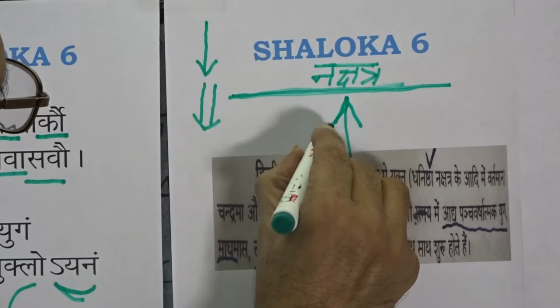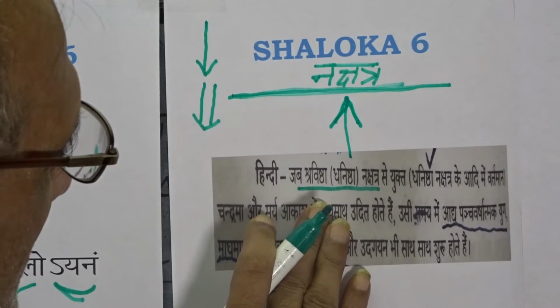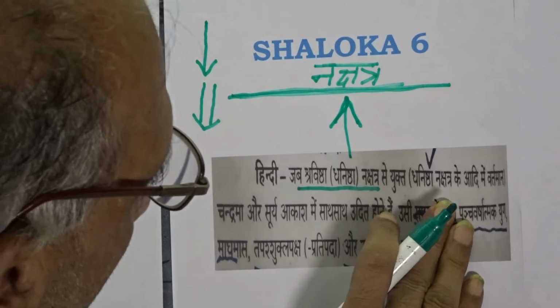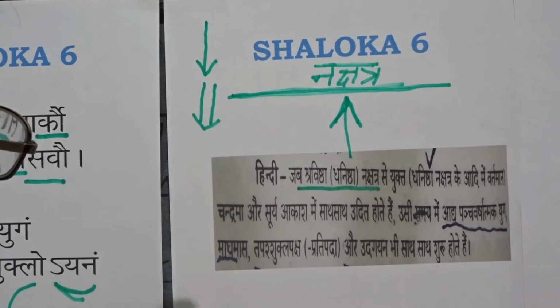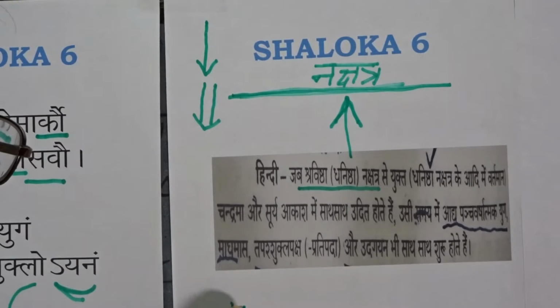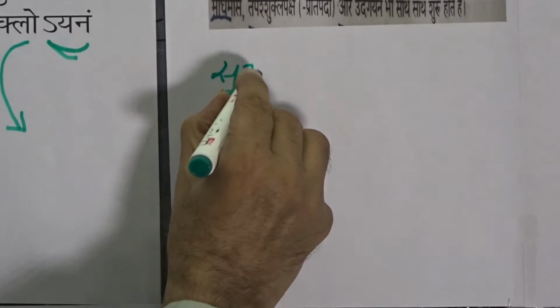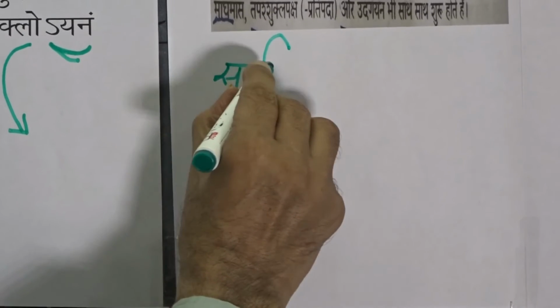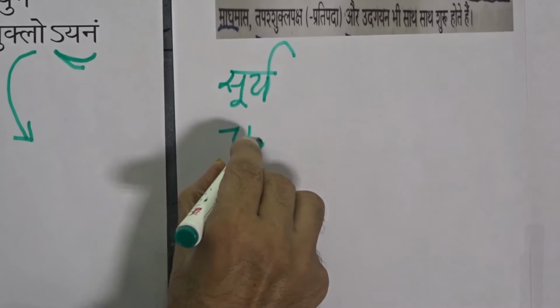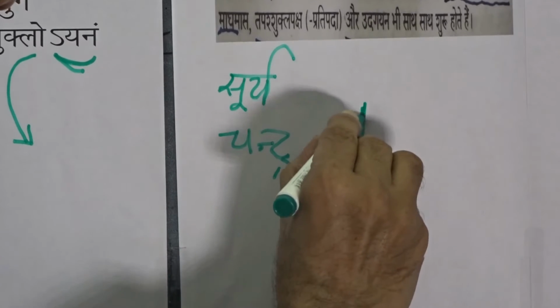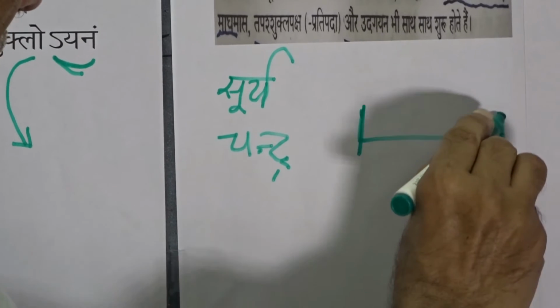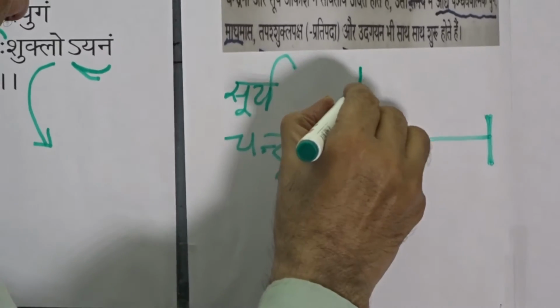This is the Ghanishta Nakshatra, which is being taken at the beginning, and it is here itself that there is simultaneous Uday of Surya as well as of Chandra. Therefore, this beginning point is going to be the beginning of a Yuga.